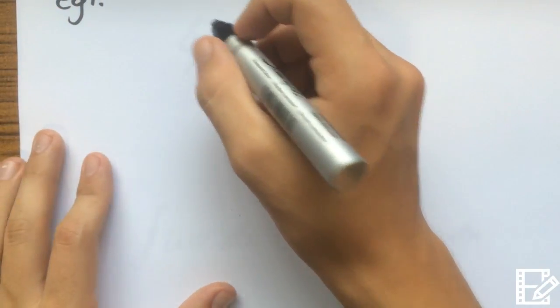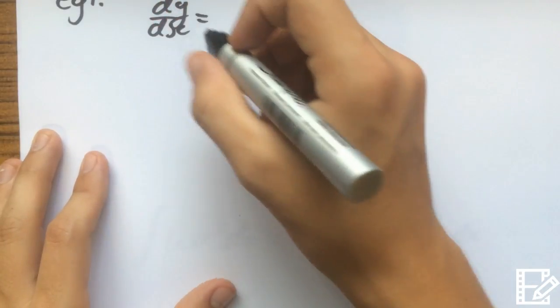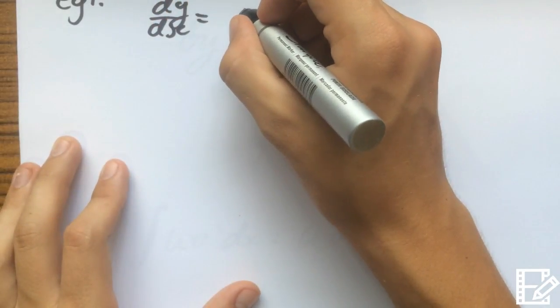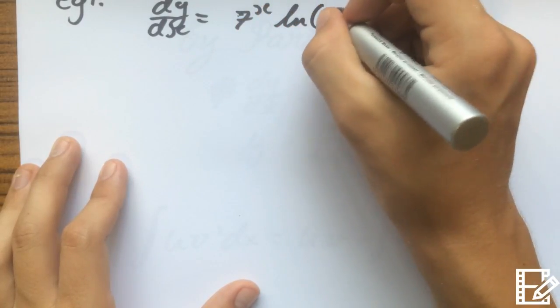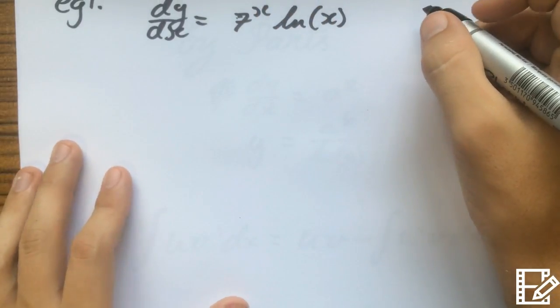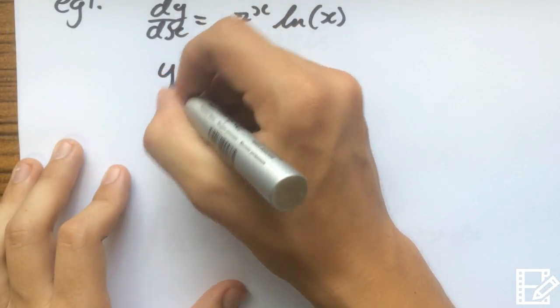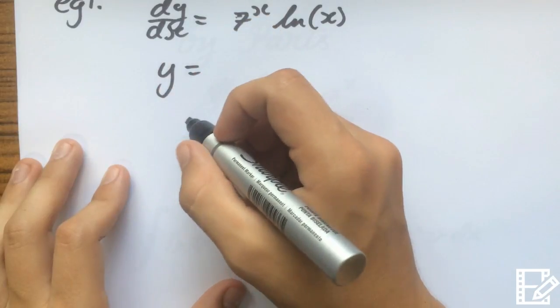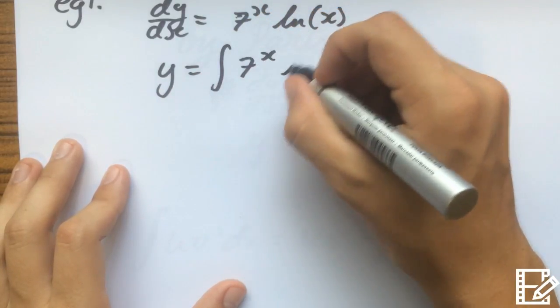So here's our first example, dy over dx, which is the derivative of, let's say, 7 to the power of x ln of x. Now, we have to find the integral of both sides. The integral of the derivative is the function, and the integral of this side we'll write as such.